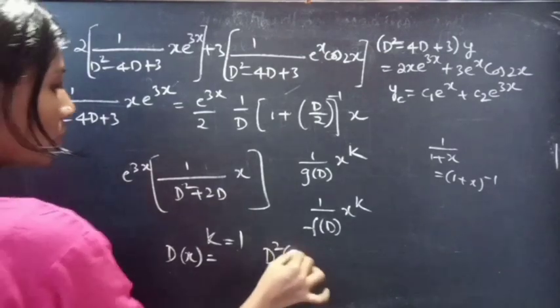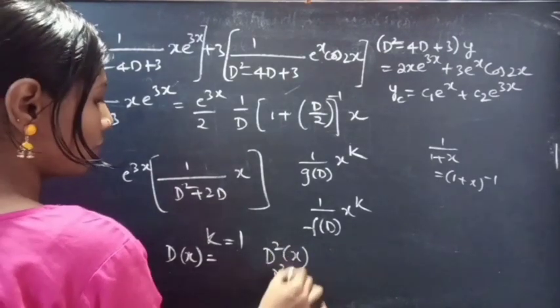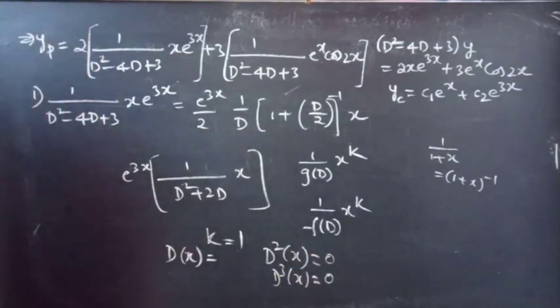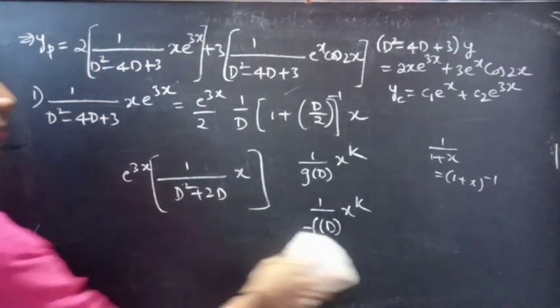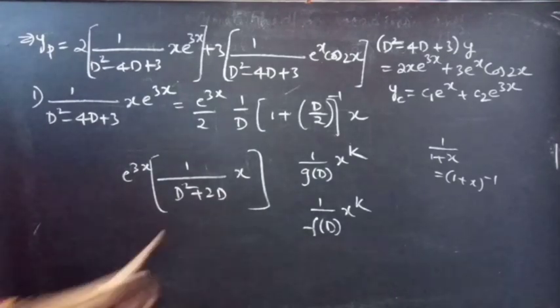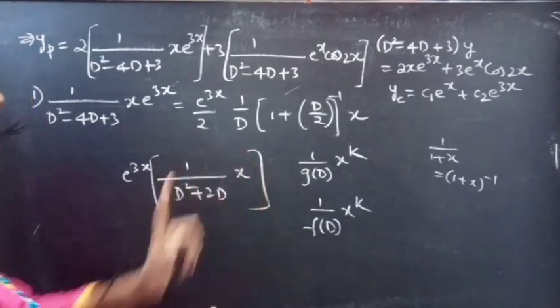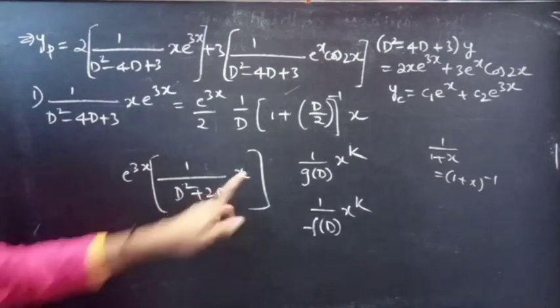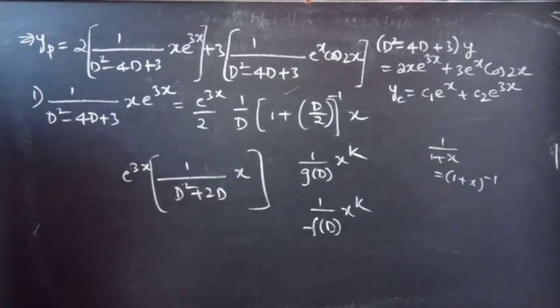And D square of x, D cube of x, and so on become 0. We'll see that. Since we have x to the power 1, we'll get only one derivative, I mean the value of the derivative of x. Only one derivative of x value we'll get here.